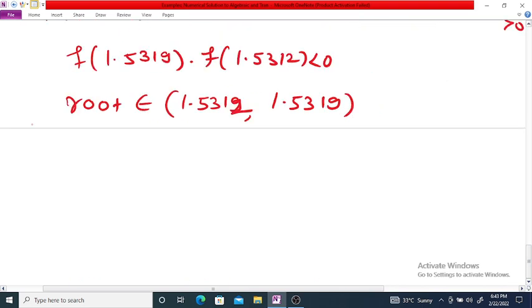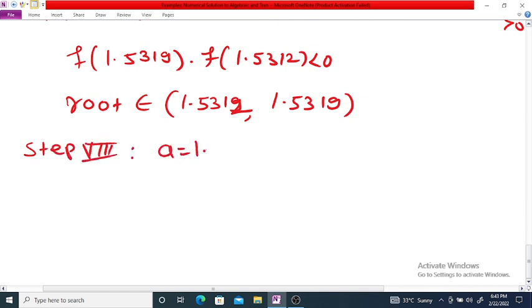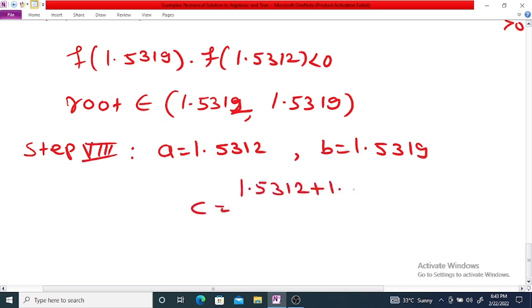Now for the next step, number 8, here a is equal to 1.5312 and b is equal to 1.5319, then c is equal to 1.5312 plus 1.5319 divided by 2, which is 1.5352.